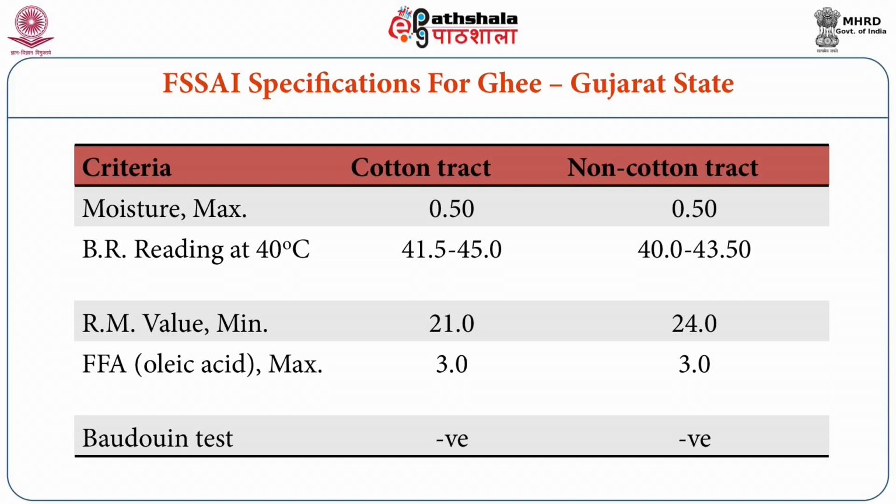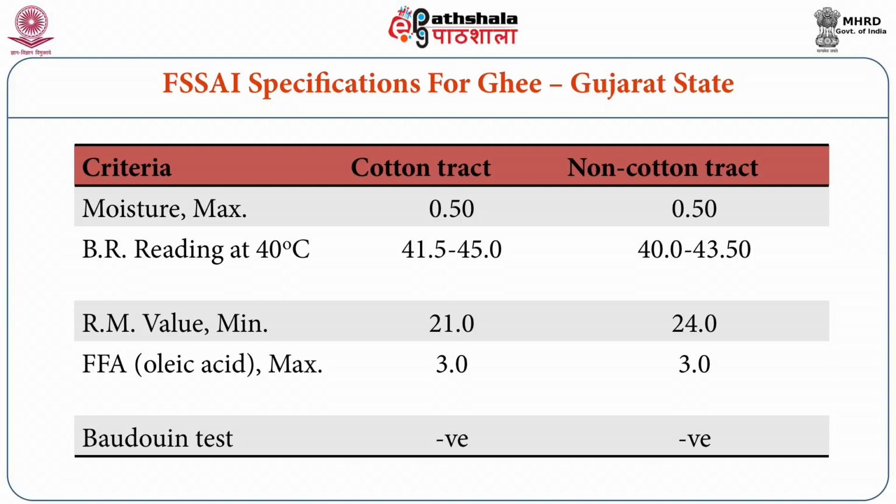Now, what is the meaning of this cotton tract and why have they bifurcated or classified into these two norms? The feed of the animal, particularly in a cotton tract area where people take out the cottonseed oil and give the cottonseed cake as a feed to the animal in that region. The fatty acid profile of the cottonseed oil, a little bit of which comes with the cake, influences the fatty acid composition of the milk produced.